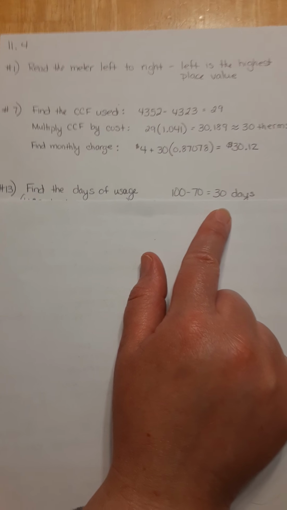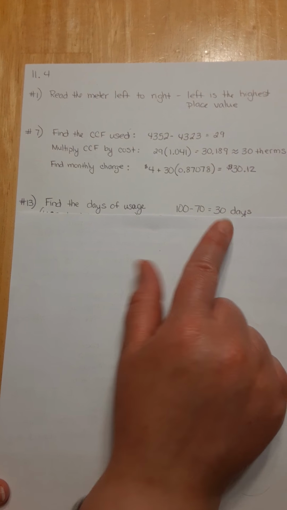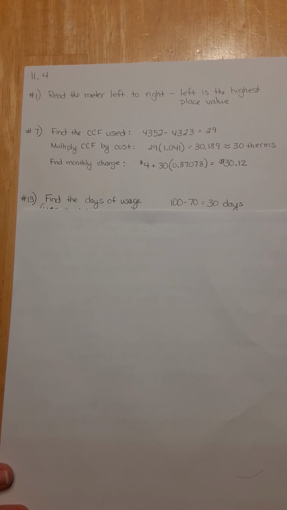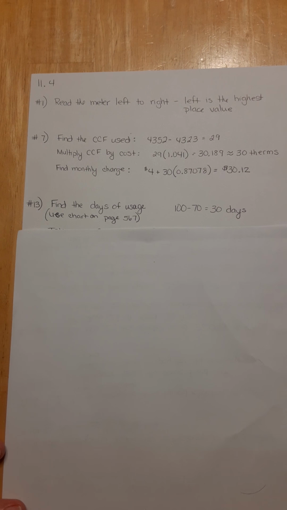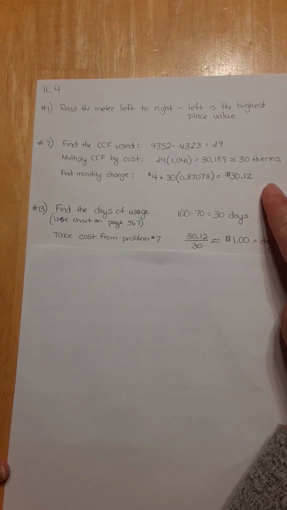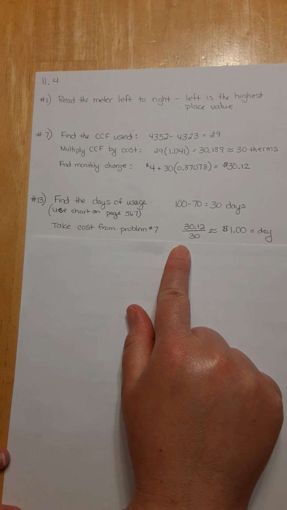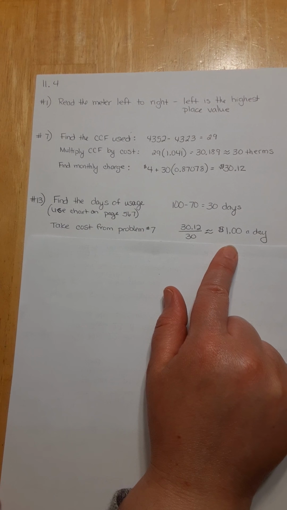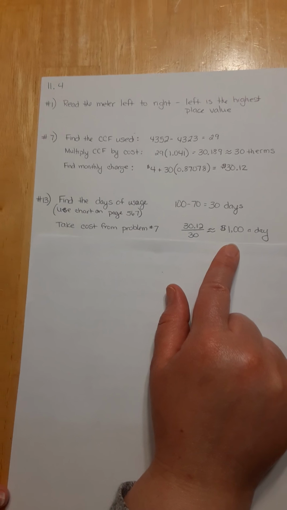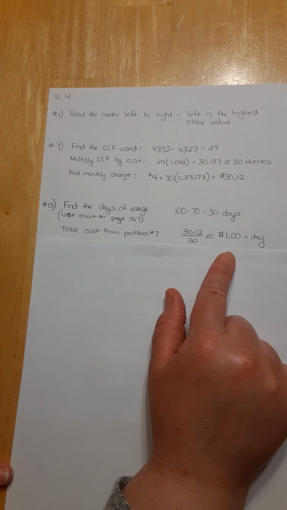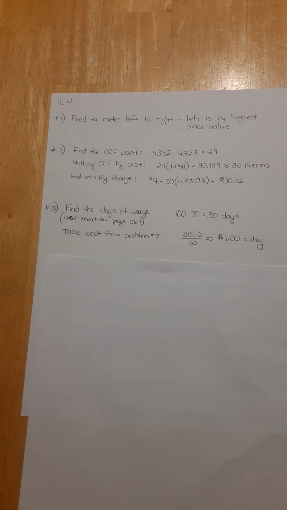So that's how many days our bill was covering. Now we're going to use the total that we just found in problem 7, which was our $30.12. Divide it by my 30 days, and I find out it cost me $1 a day to use our natural gas. Okay, you're going to do that all the way through problem 18.